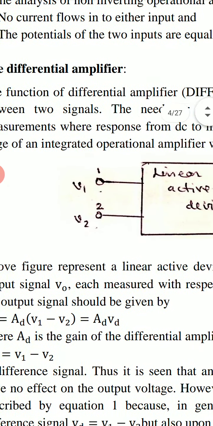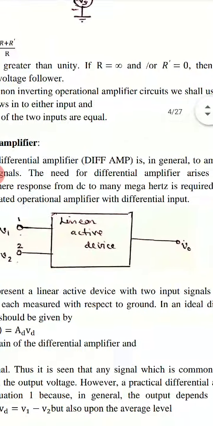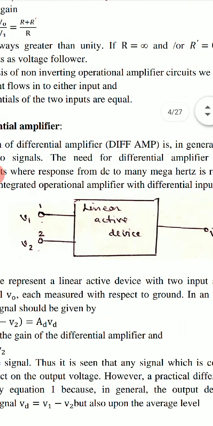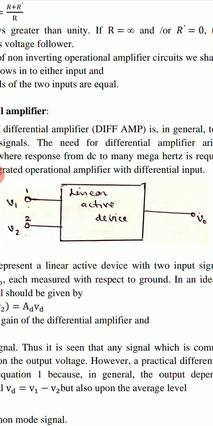This figure represents a linear active device having two input terminals 1 and 2 where the signal voltages are applied, that are V1 and V2, and there is one output terminal where output voltage VO is obtained.